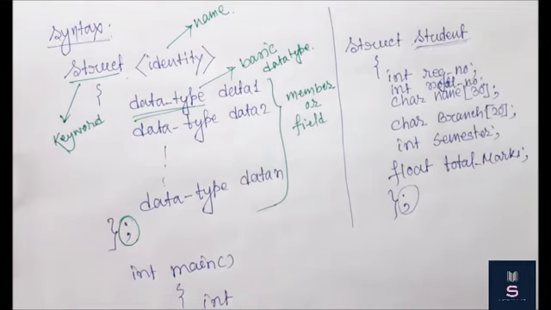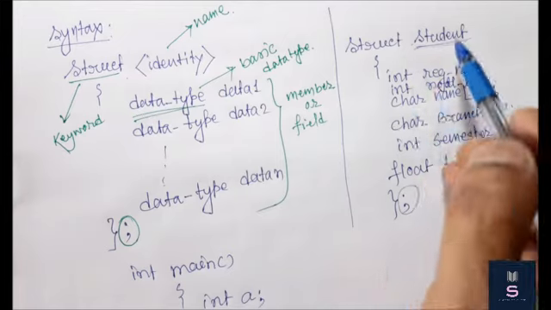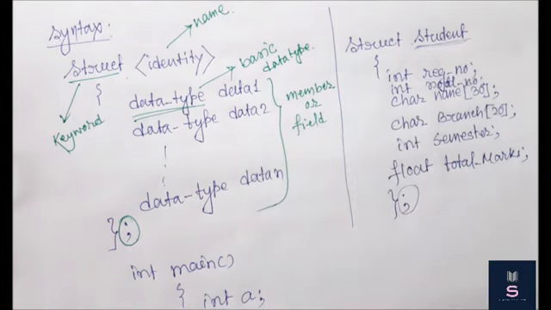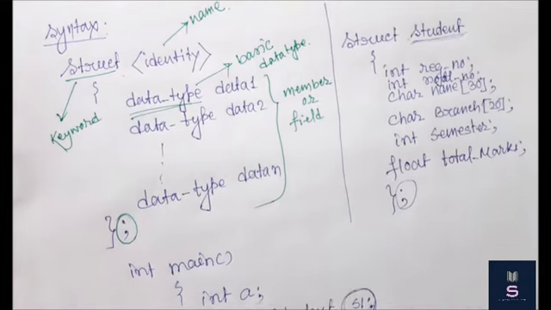If I declare int a, that is a complete statement. Here a is a variable which is integer type. If I consider this example, this is my data type, struct student, and for example the variable name is S1. So this is the declaration of a variable, this is the name of the variable.